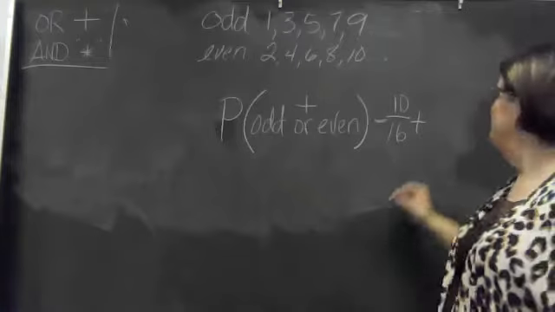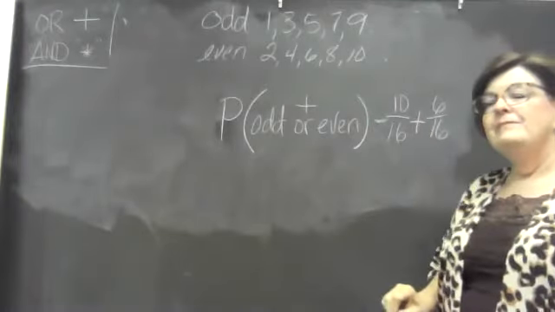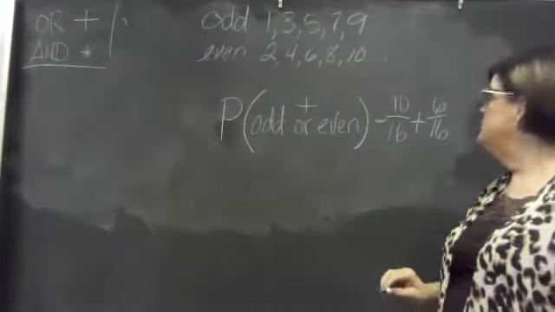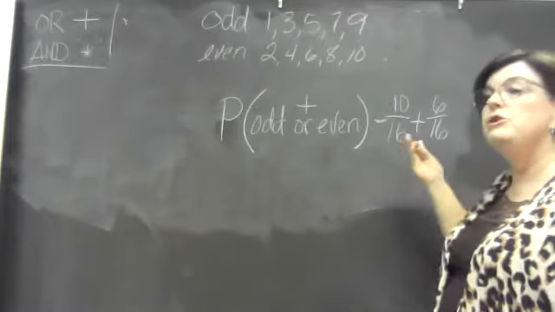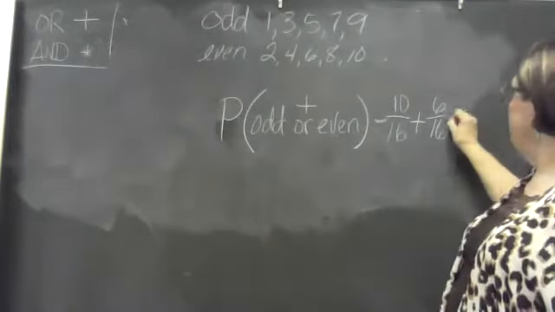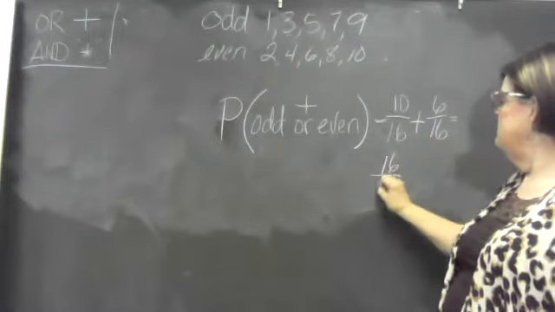There better be 6. 6 out of 16, right? And we found out back in fractions that if you're going to add fractions, you have to have common denominators, and we do. So when we add, we get 16 out of 16.